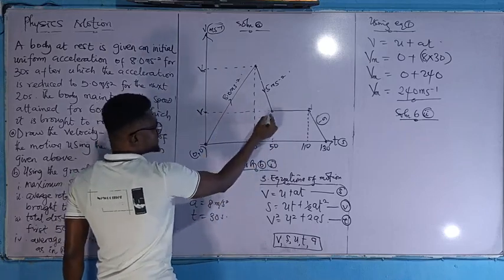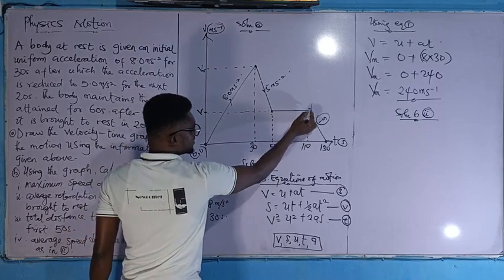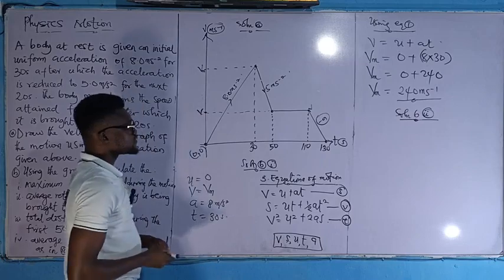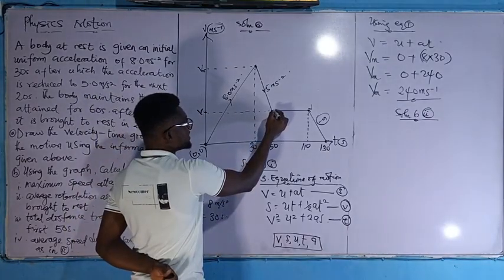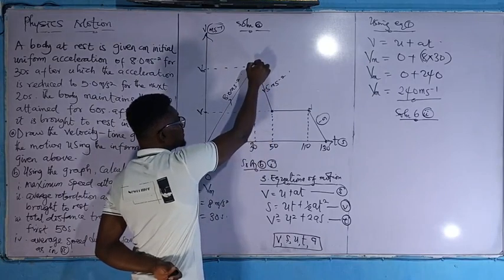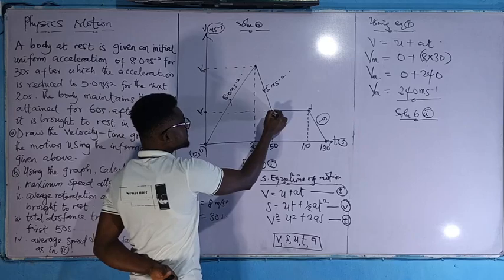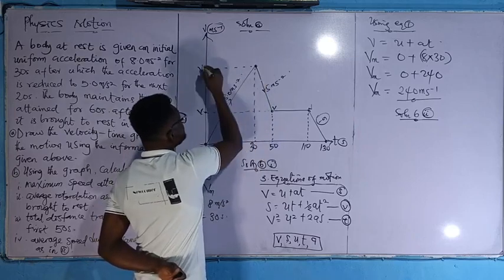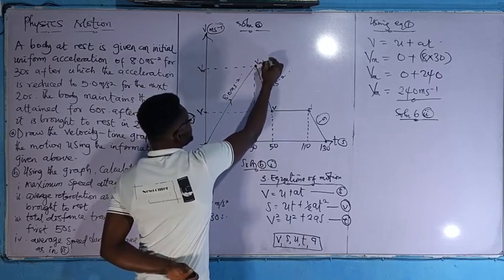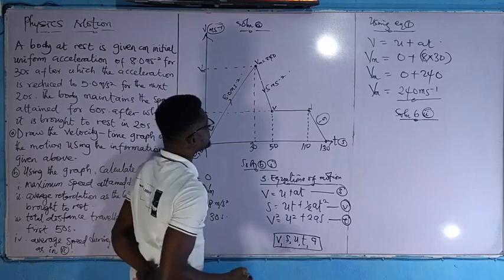So in order to get it, we need the velocity here, which is equal to the one here. We consider a body that decelerates to this point, starting from here. Then the velocity at this point is the maximum velocity, which we've got as 240.